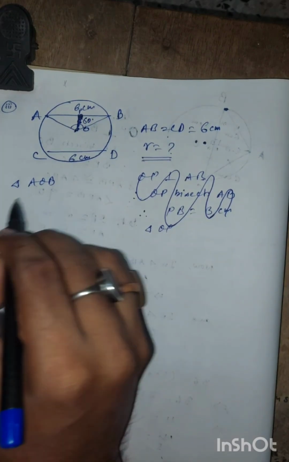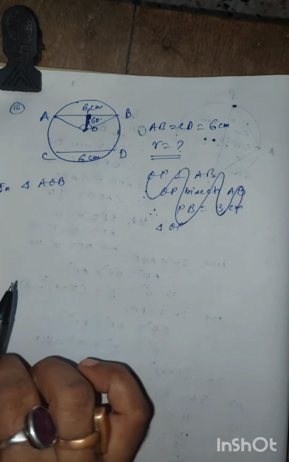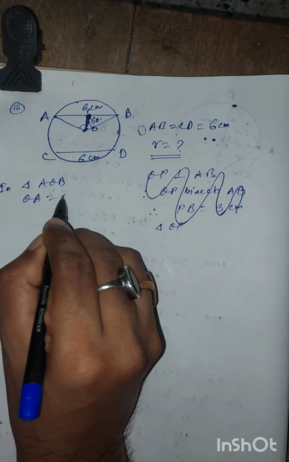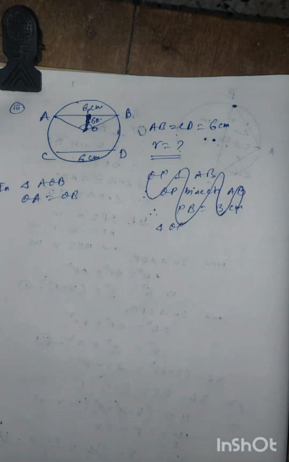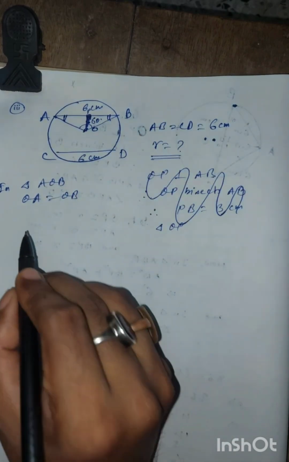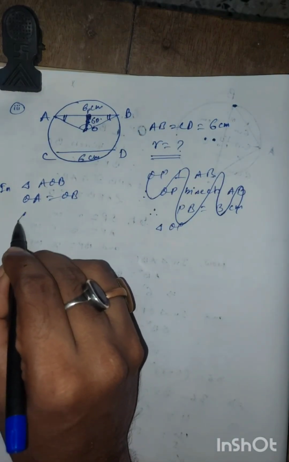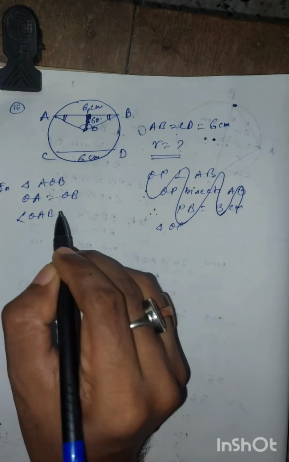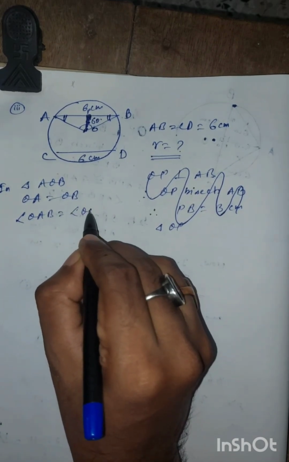In triangle AOB we can say OA equal to OB, because they are the radius of the same circle. OA equal to OB. So this angle should be equal to this angle. So angle OAB is equal to angle OBA.